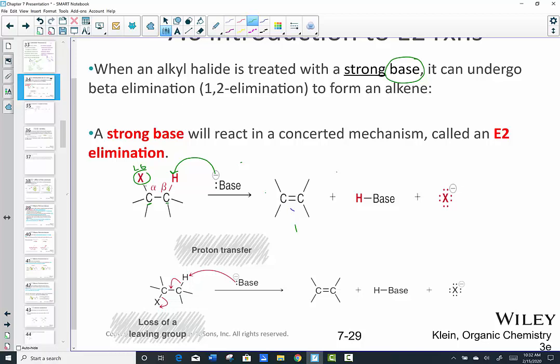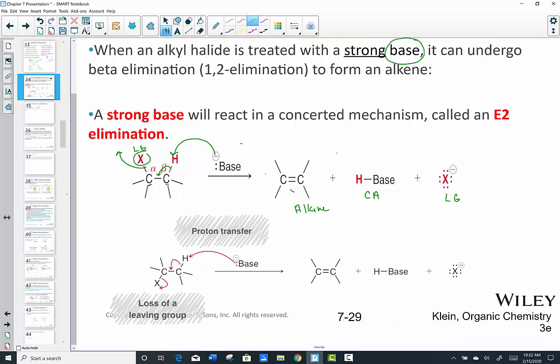When it does so, the leaving group leaves, it takes those electrons, and the pi bond forms from the collapse of the hydrogen bond. And so we form the conjugate acid of the original base, and of course the halogen acted as the leaving group. Now we have a new alkene as our desired product. The base reaches out for the beta proton, that bond collapses, the leaving group leaves.